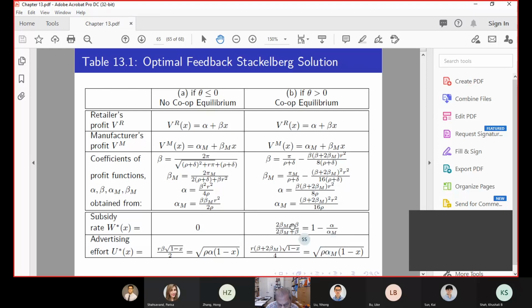And in this case, when theta is bigger than 0, we know that this quantity is bigger than 0. So this quantity is positive. And then we have the u star x, which is the advertising, given as a function of x, is this. So this tells you the entire solution.